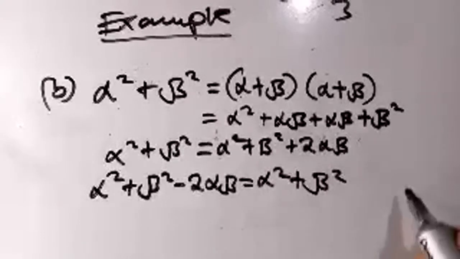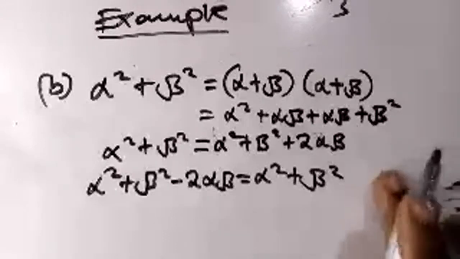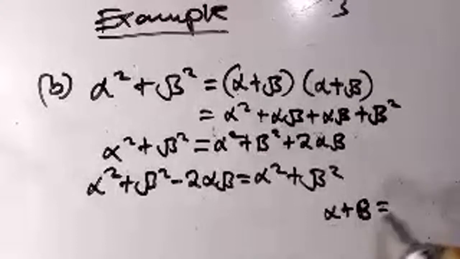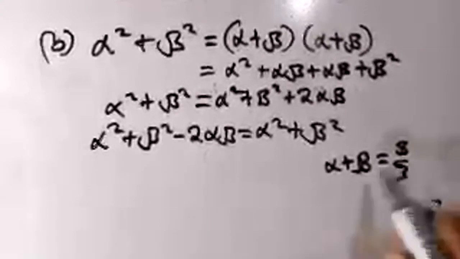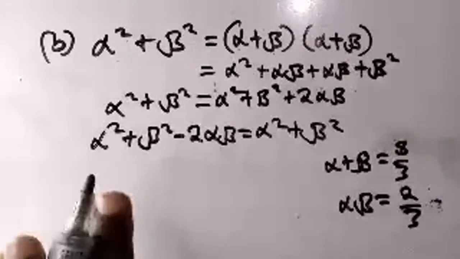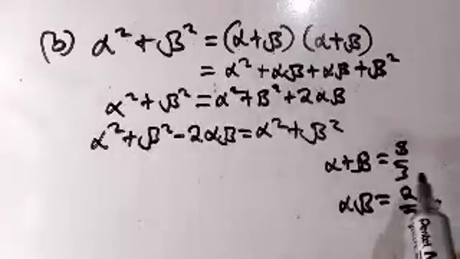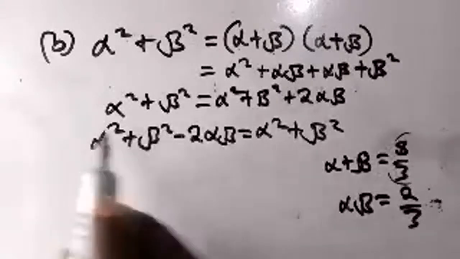Then remember that alpha plus beta is equal to 8 over 3, and alpha multiplied by beta is equal to 2 over 3. So let's substitute now into our equation. Alpha plus beta squared, we are going to get this one here and square it, because it has a squared.